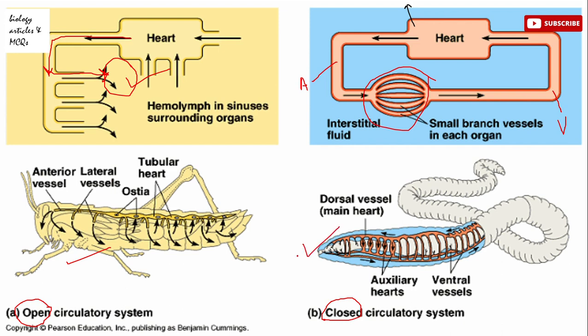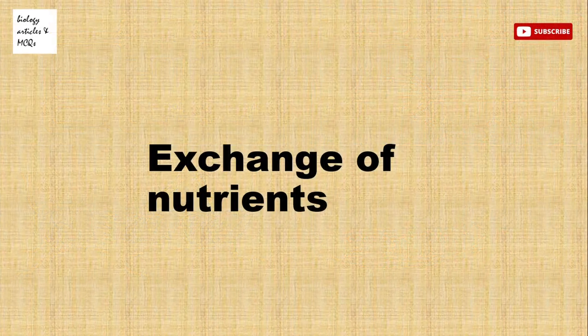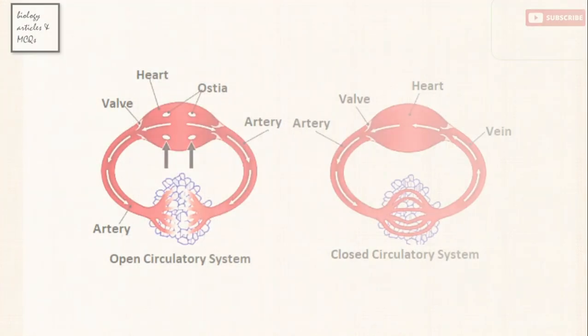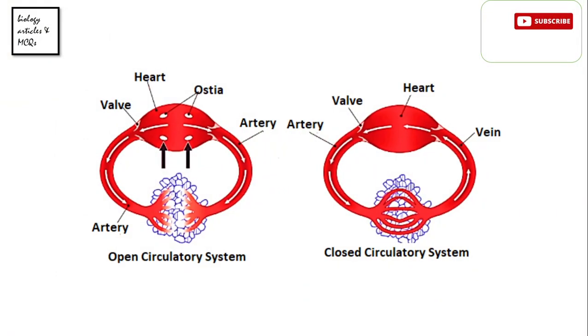Moving towards the second difference, that is on the basis of the exchange of nutrients. Guys, we know that whenever we eat food, the nutrients present in the food, for example carbohydrates, proteins and fats, will mix up in our blood first.